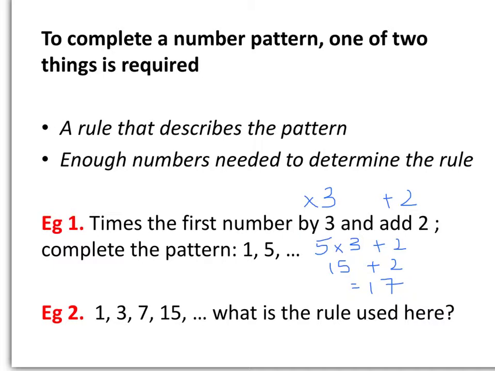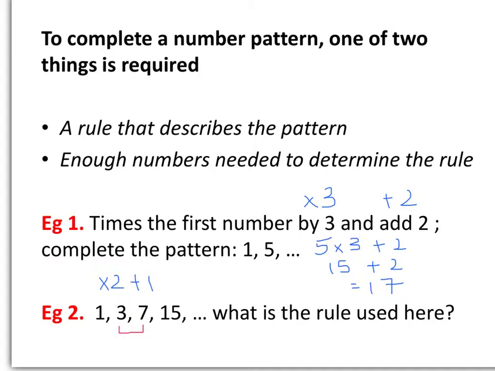So now we might have to add something on. So if we stick with our multiplying by 2, if we multiply 1 by 2, we get 2. Then to get our second number, we can add on 1. So what we've tried at the moment is multiplied by 2, add 1. Now we want to check whether that's going to work with this example here.